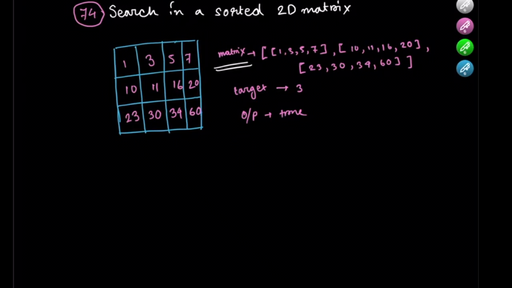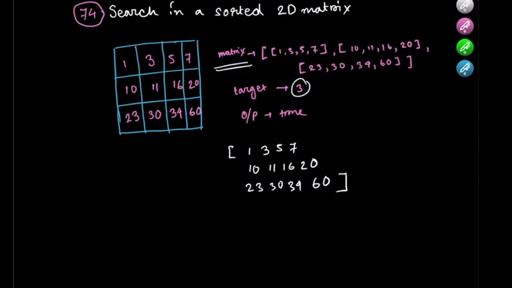We will treat this whole 2D list as a single list: 1, 3, 5, 7, 10, 11, 16, 20, 23, 30, 34, 60. If this was given as a list, and we are given 3 as the target, we can find 3 using binary search.